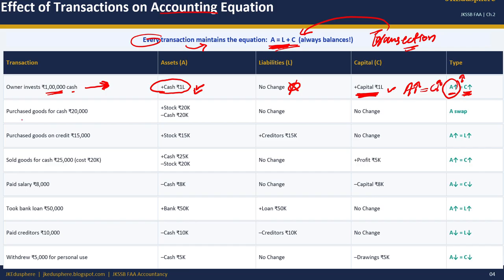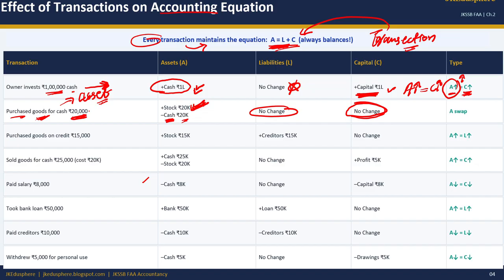The next part is we purchase goods for cash. What is cash? Cash is an asset. Stock is also an asset. Cash decreases by 20,000, but stock increases. There is still no change in liability. Capital does not change.